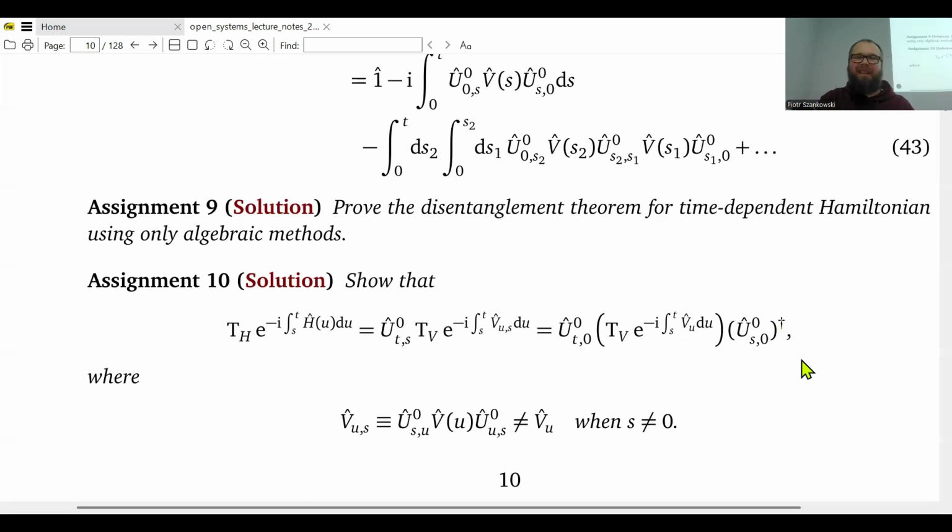So maybe let's not prove this. If you are interested in how to obtain it, check out assignment 10 as well. But just remember this word of caution: sometimes something can appear also on the other side of your disentangling. I will point out when this comes up.